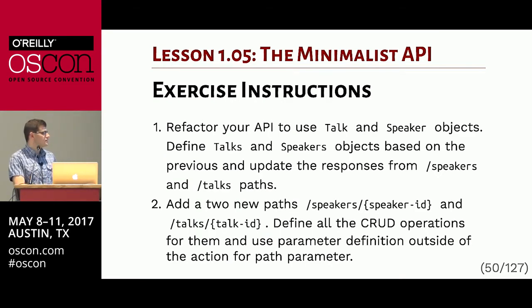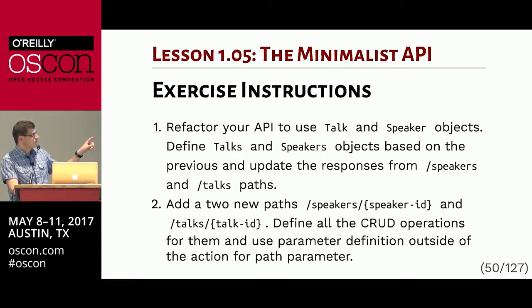And I think this gives you the idea of what you do in this exercise, where you would take the API that you have done so far and refactor your objects to be defined in those definitions and in the parameters, and then reuse them in your endpoints, and update what you have done before. We split this into two parts.